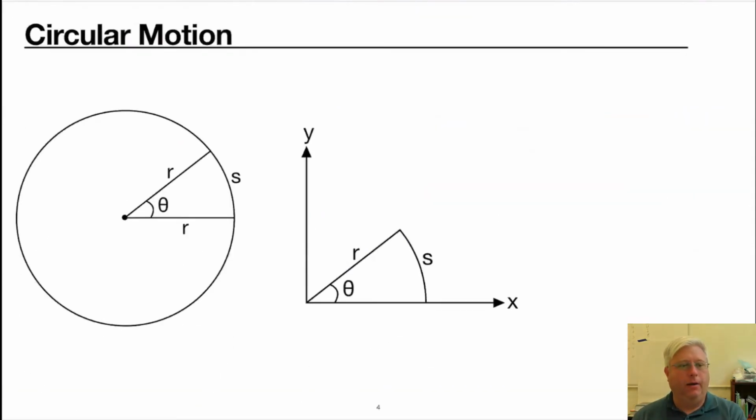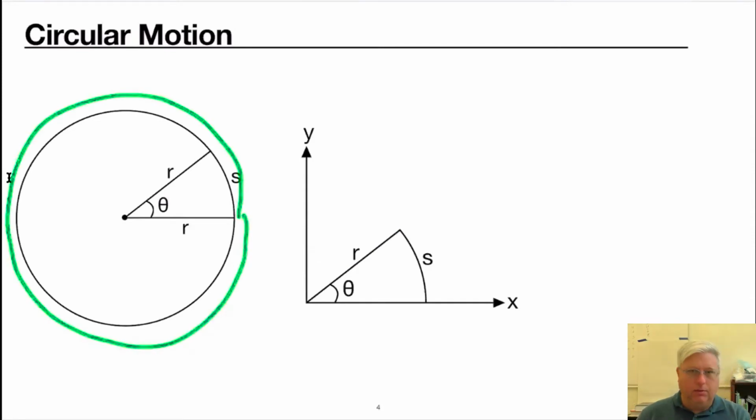Now there are some similarities between linear motion and circular motion. We've already figured out 2 pi r is a circumference.